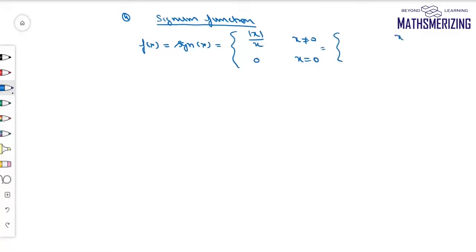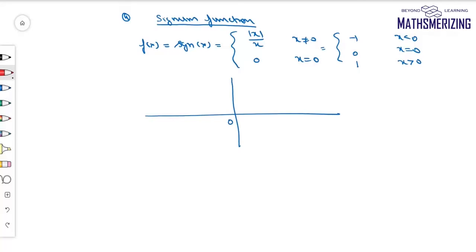When x is less than 0, mod x is minus x, so it will be minus 1 when x is less than 0, 0 at x equals 0, and when x is greater than 0, mod x is basically plus x, so plus x upon x is 1. So if I have to draw this graph, then when x is less than 0 this is minus 1, 0 at x equals 0, and when x is greater than 0, its value is plus 1. So that is the graph of the signum function.